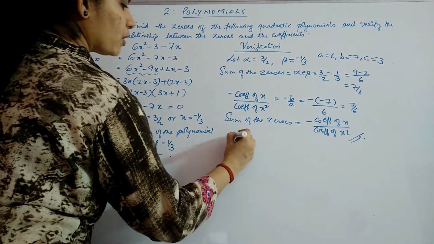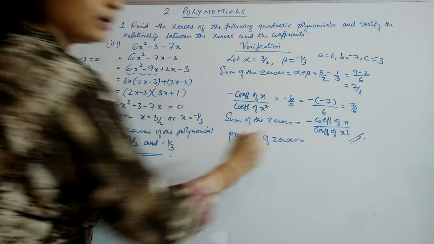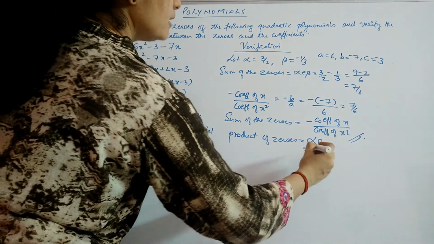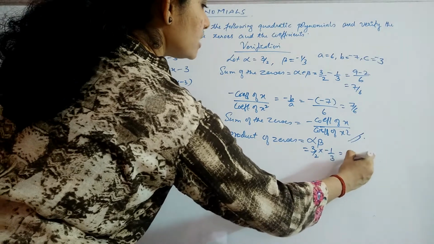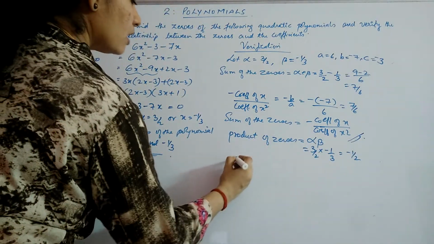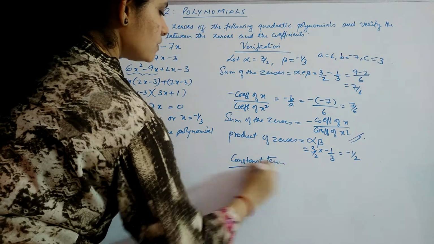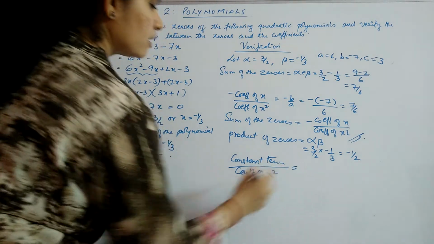Okay. Now going for the product of zeros, which will be alpha beta. What is alpha here? 3 by 2 into minus 1 by 3 gives you minus 1 by 2. Now we go for the constant term divided by coefficient of x square.